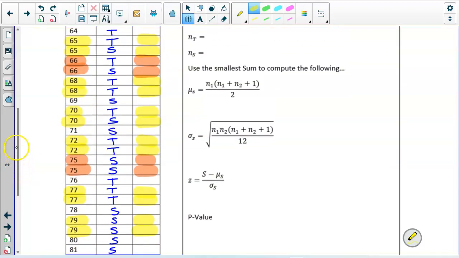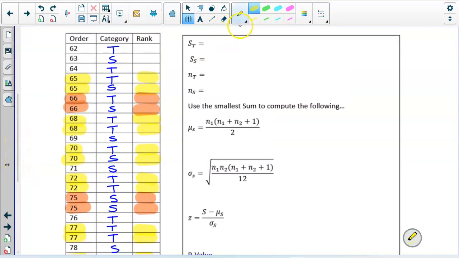Okay. So usually we just go straight down, but on this one we got a lot that are the same, okay? So the rank would be 1, 2, 3, then 4, 5. So what would these two be? 4.5. Okay, then these two, that's why I made them a different color, so I want to rank all these together.